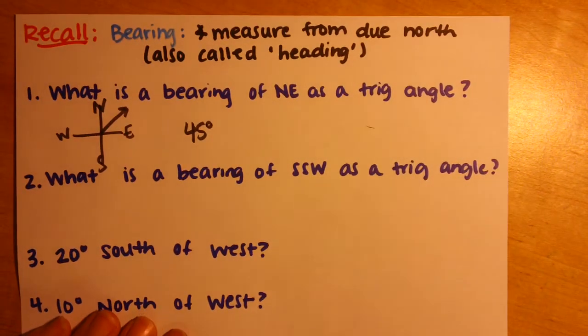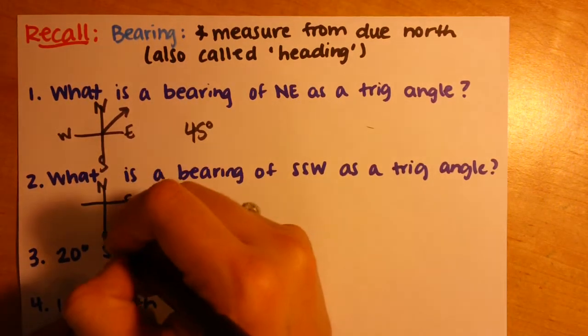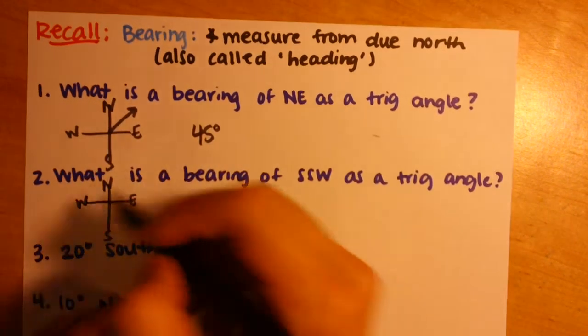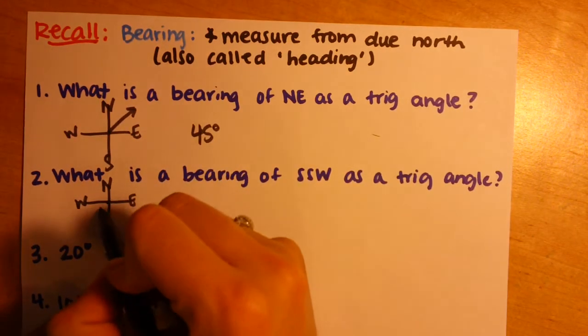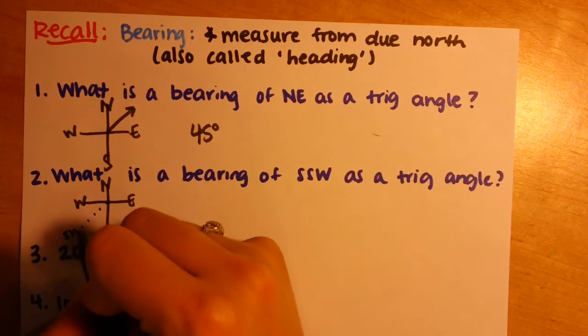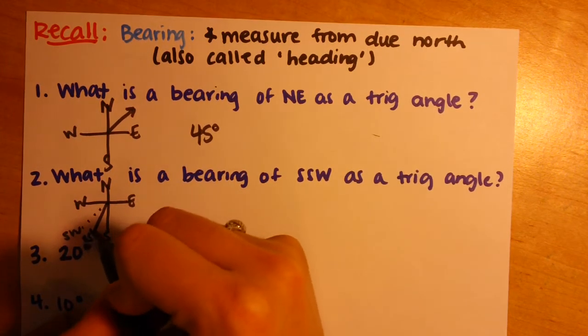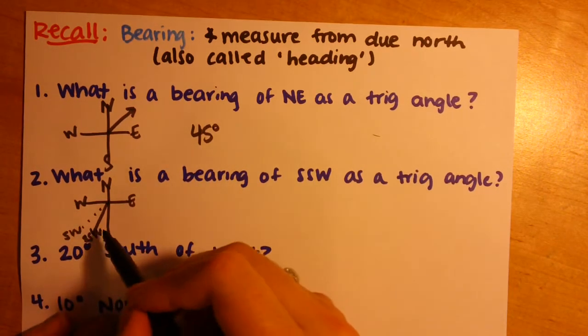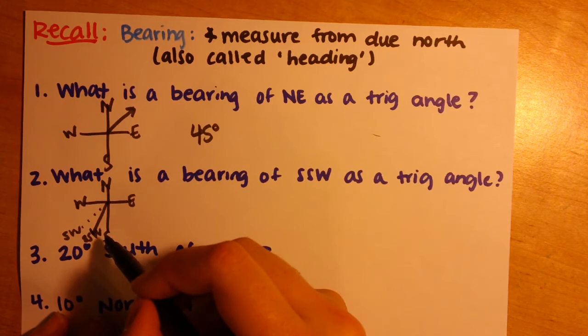Okay? Now if we're looking south, southwest, north, east, south, west. So if we're doing south-southwest, this here is southwest. South-southwest is going to be half of that. Okay? So it's 45 between here divided by 2.